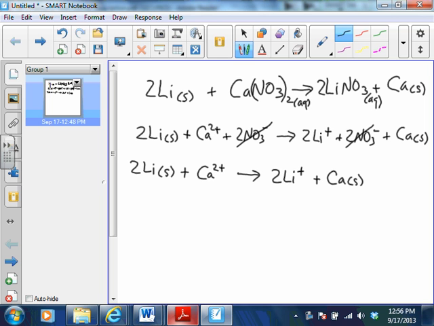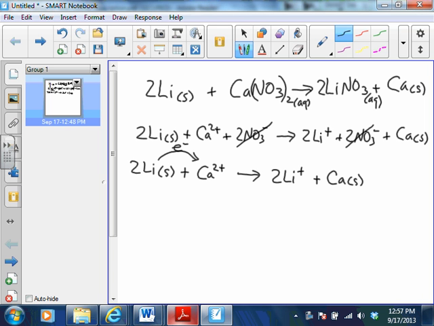So last year, based on the activity series, we would have called lithium the strong one, the one that was stealing the girl, right? This is kind of like a bad lie, because now it's going to confuse you this year, and I apologize for that. I maybe need to rethink my analogy on this one, because what's really happening is the calcium is stealing electrons from the lithium, right? The calcium's coming along and saying, hey, give me your electrons.